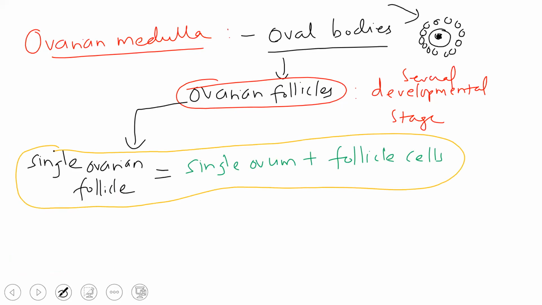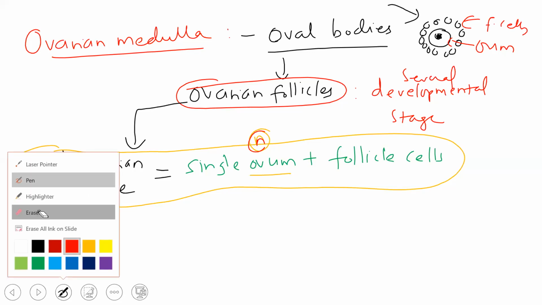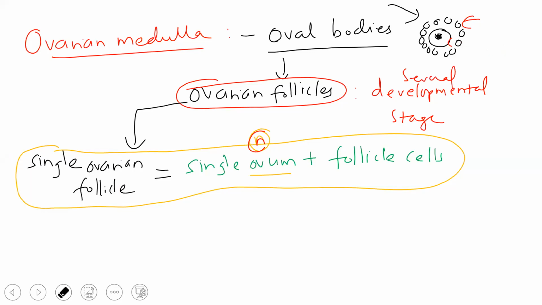Follicles are specific cells. There is a large ovum, which is a haploid structure, surrounded by the follicle cells. So let's say this is an ovum, and these are follicle cells. I'll just draw a better diagram.